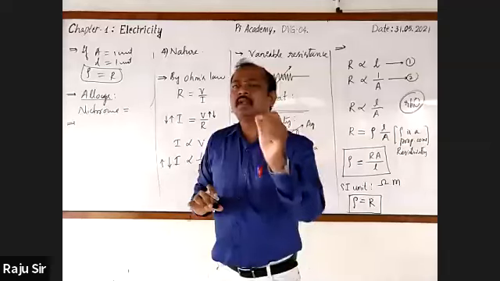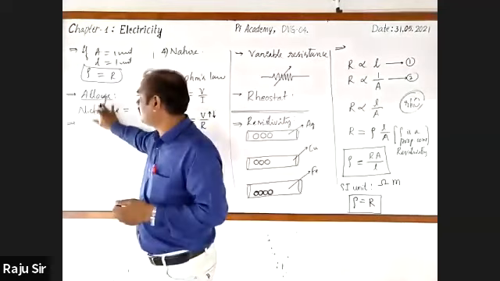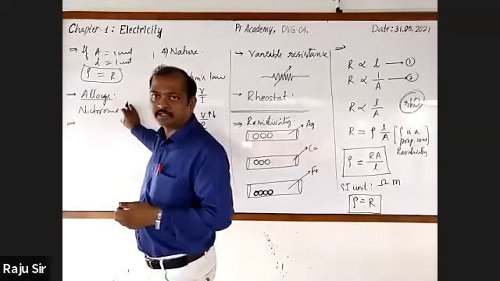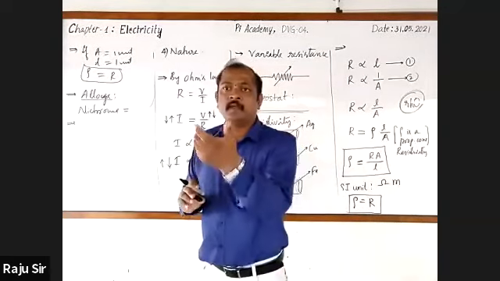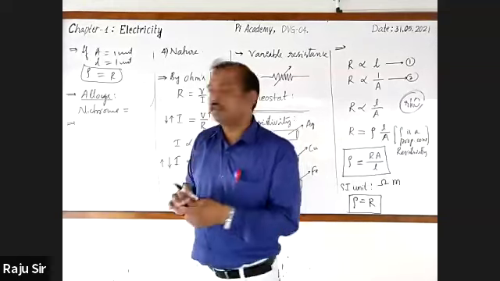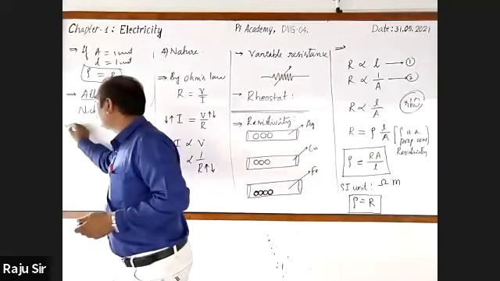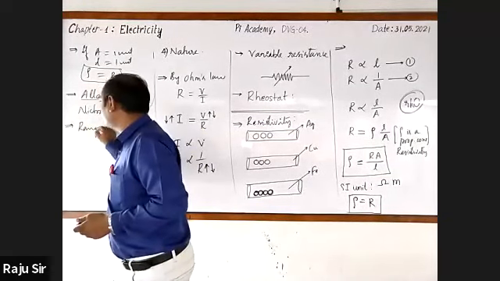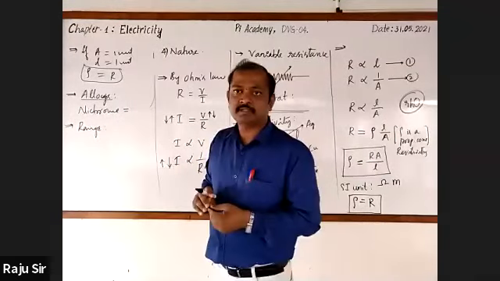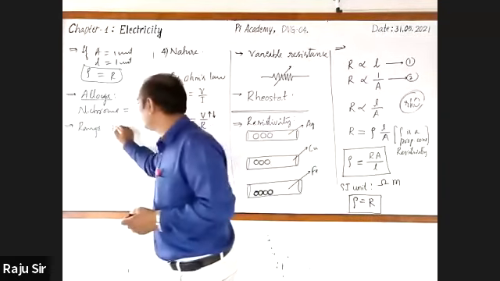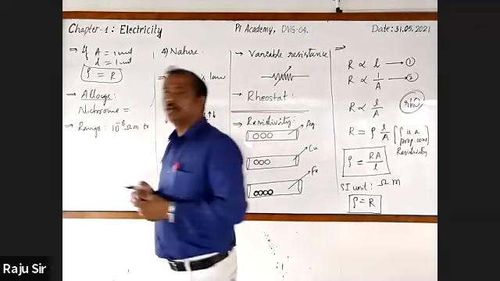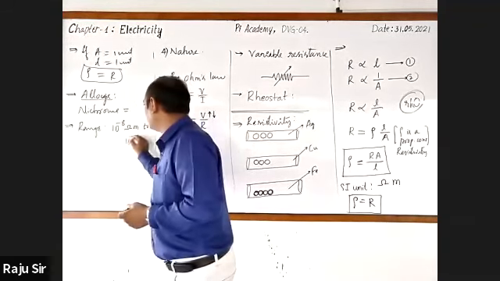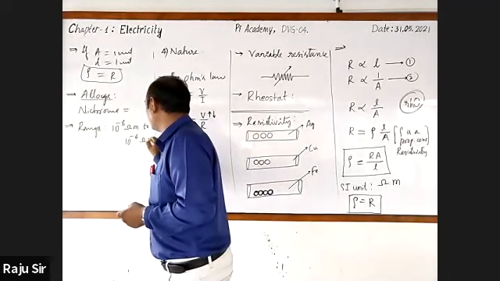In general, the resistivity of these alloys and metals, nothing but conductors, is expressed in a range. The range of resistivity of metals or alloys, nothing but conductors, is 10 raised to the power minus 8 ohm meter to 10 raised to the power minus 6 ohm meter.